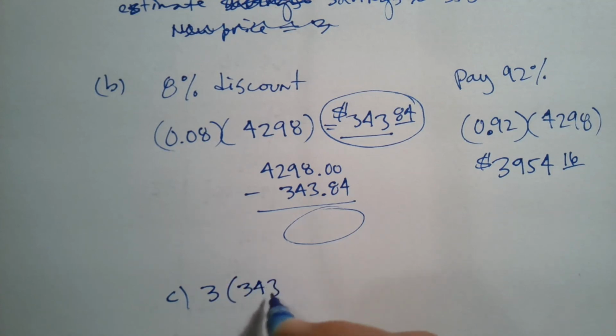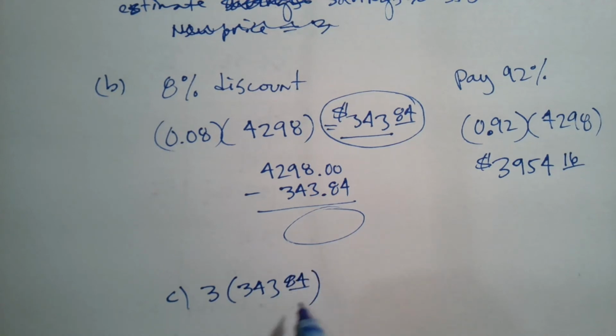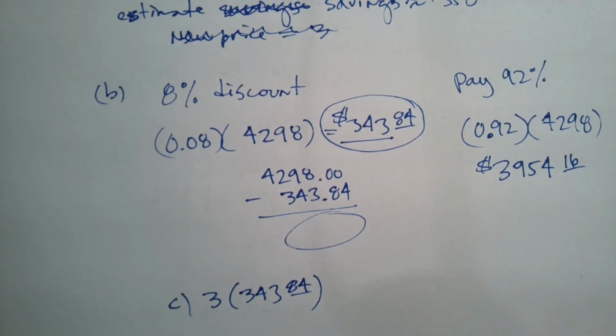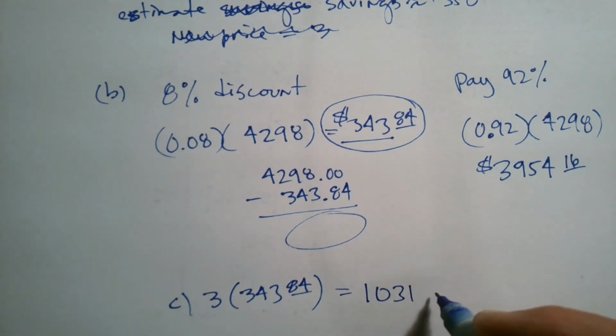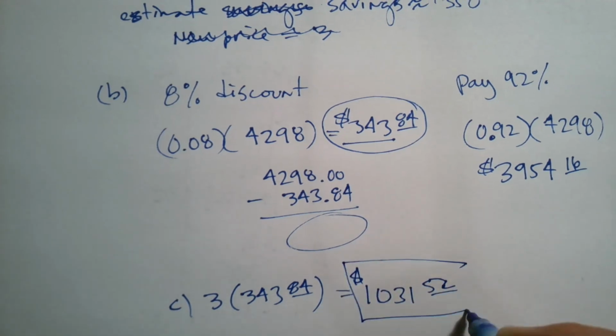So 343.84 times 3 is equal to $1,031.52.